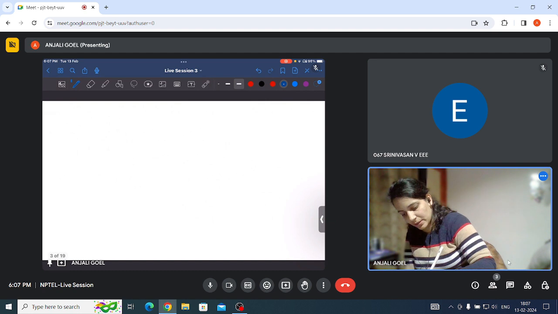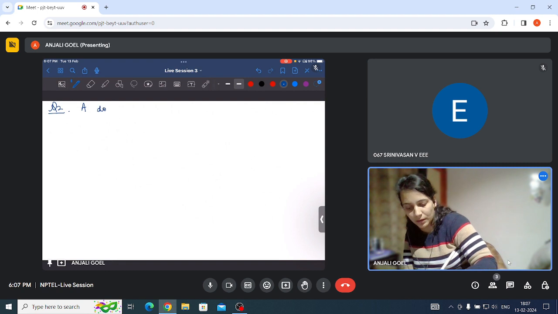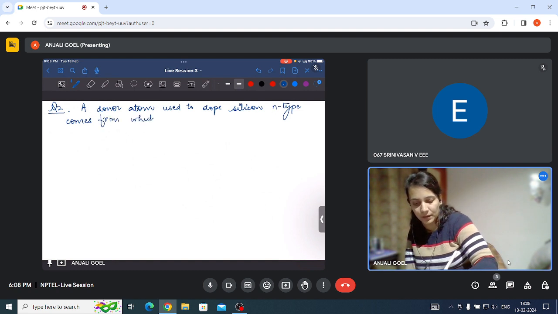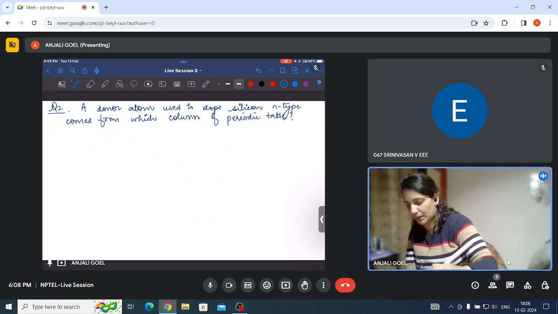Okay, second question. A donor atom used to dope silicon N type comes from which column of the periodic table?